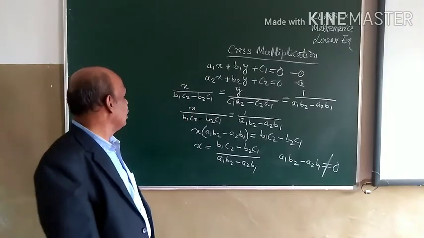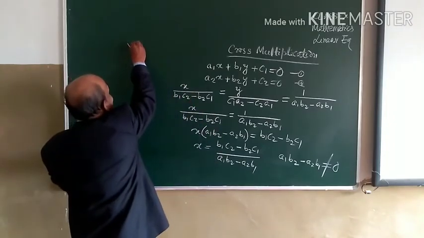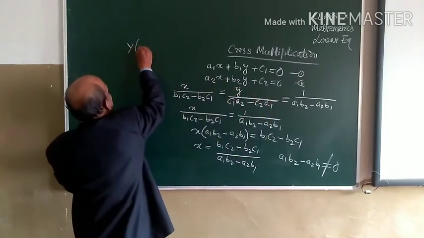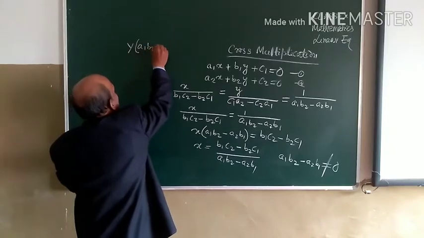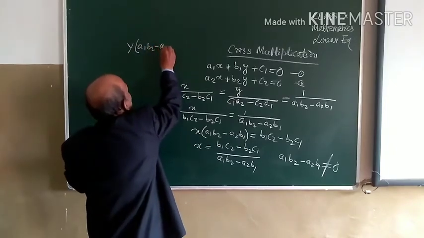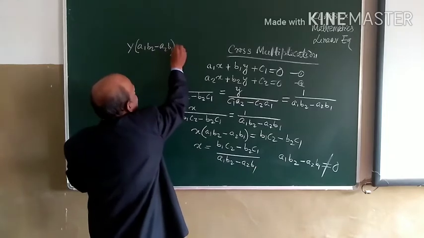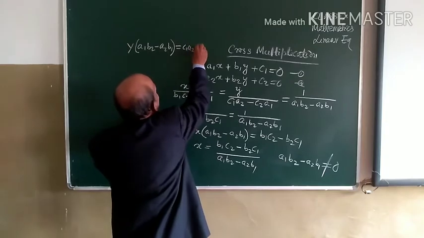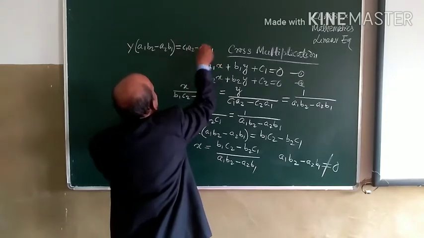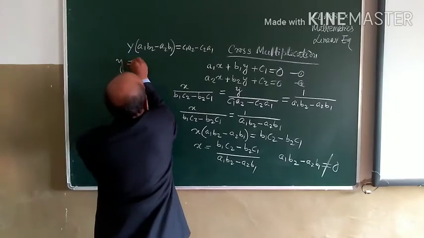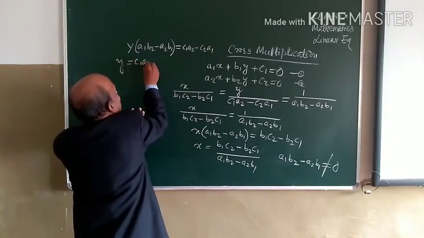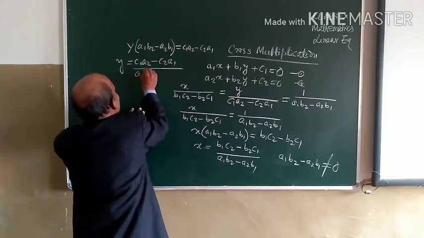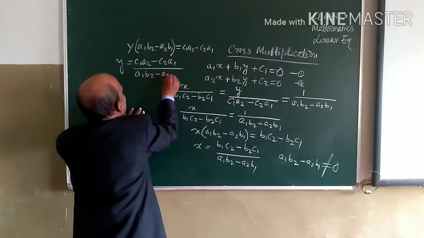Similarly, for the y value, y into a1b2 minus a2b1 is equal to c1a2 minus c2a1. So y is equal to c1a2 minus c2a1 divided by a1b2 minus a2b1.